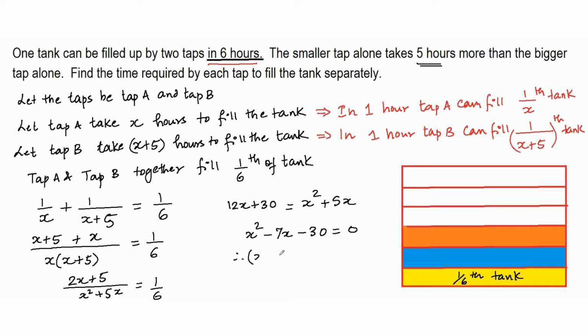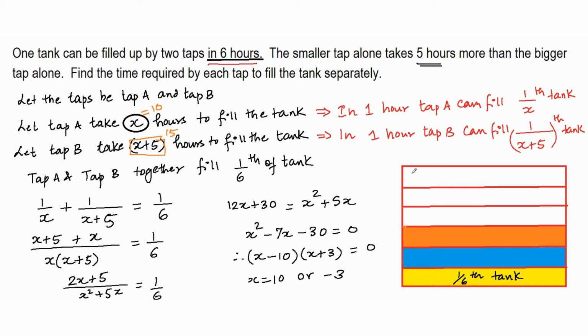And therefore, I can find the roots. So (X − 10)(X + 3) = 0, which means X is either 10 or negative 3. And X is the time taken by tap A to fill the tank, and therefore the value of X is 10. So X equals 10 and X plus 5 will be 15.